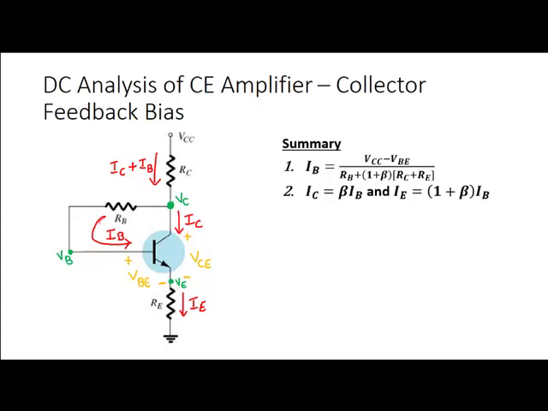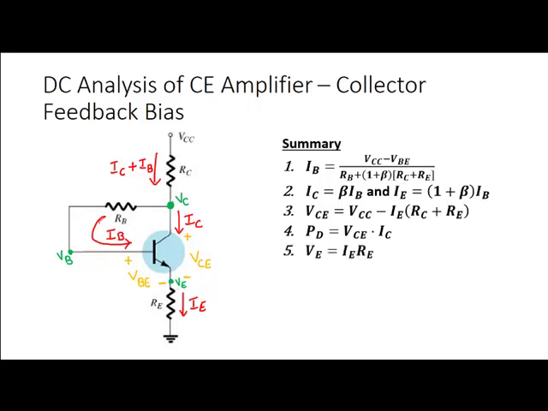IE can also be calculated as sum of IB and IC. Then we calculated voltage drop across the BJT by applying KVL to the output side loop. So VCE is equal to VCC minus IE times RC plus RE. Then static power dissipation PD can be calculated as product of VCE and IC.